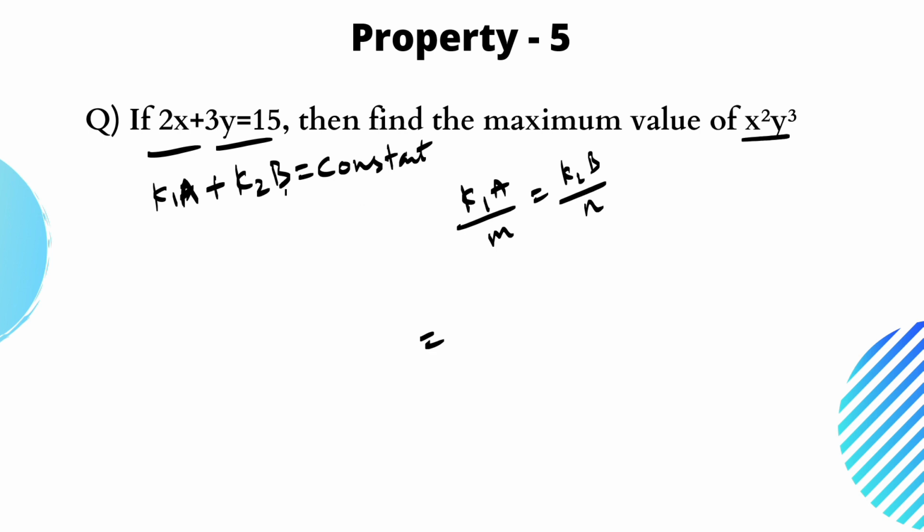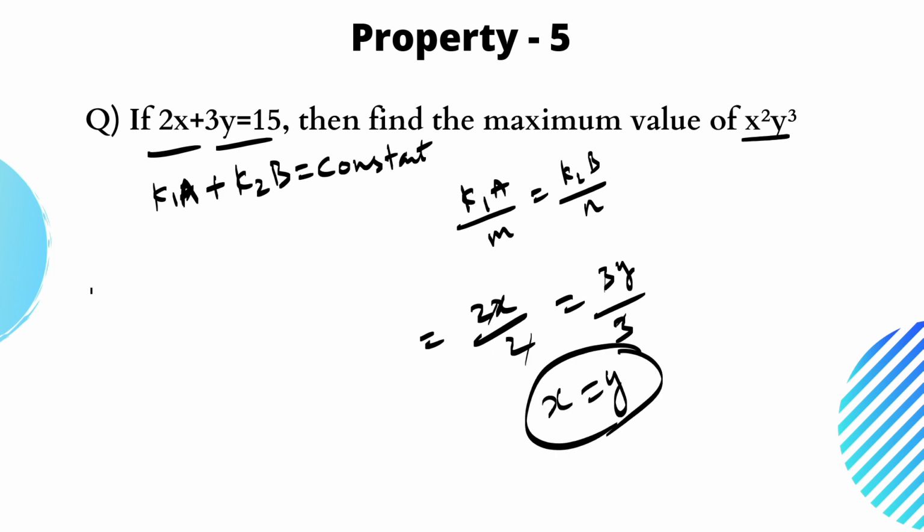So in this case, what is k1a? k1a is 2x by what is m? m is 2. This is equal to k2b, 3y by n is 3. So 2 and 2, 3 and 3 get cancelled. So x is equal to y. So as x is equal to y, we can replace the value of y and x.